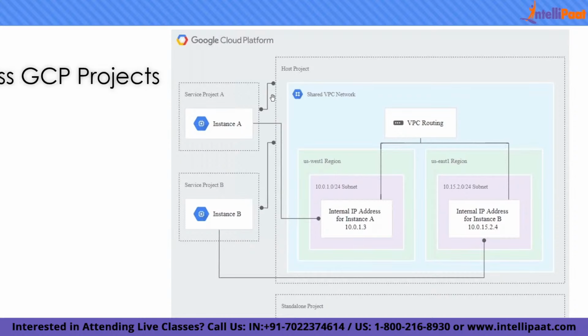Because it is nothing but the exact stuff we have done so far. The only thing is that the VPC which we created will not be used in the same project, but will be used by some other projects. It's like VPC as a service, in very simple terms. So that's how shared VPC works.